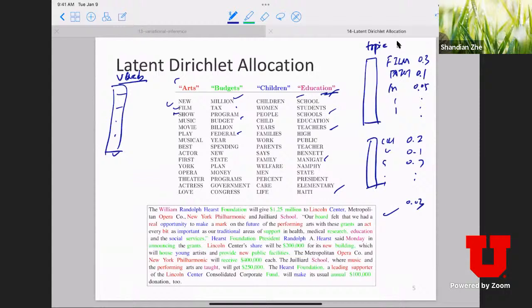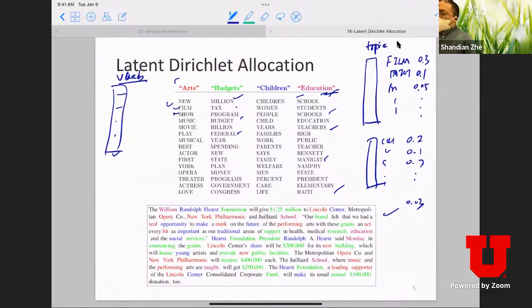Our goal is to learn the distributions of the words for different topics. And also, you're given a collection of documents. We also want to infer how much proportion of this particular document is talking about topic 1, how much proportion of the words in this document is talking about topic 2. It's actually the mixture of the topics in each particular document. Does it make sense?